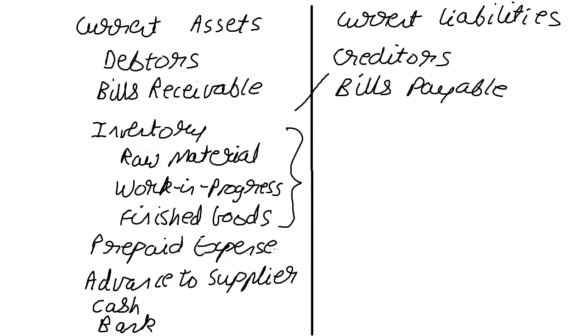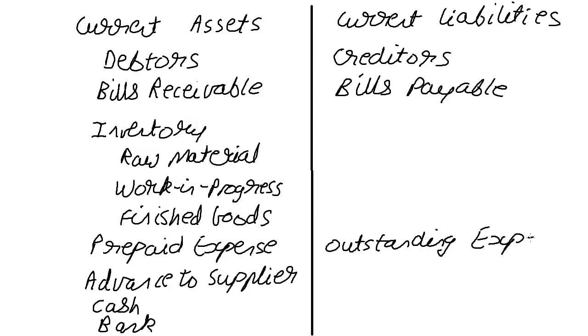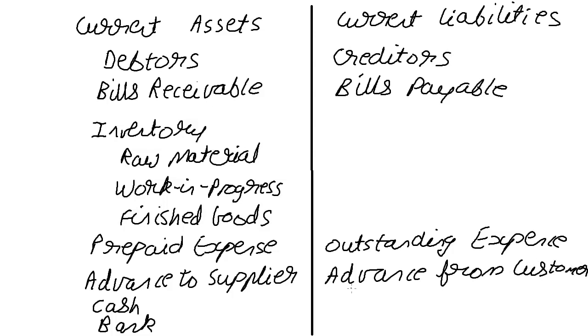But the same way we have prepaid expense, we can have outstanding expense. The same way we give an advance to a supplier and it's an asset for us, in case we get an advance from a customer, then that is going to be a liability.